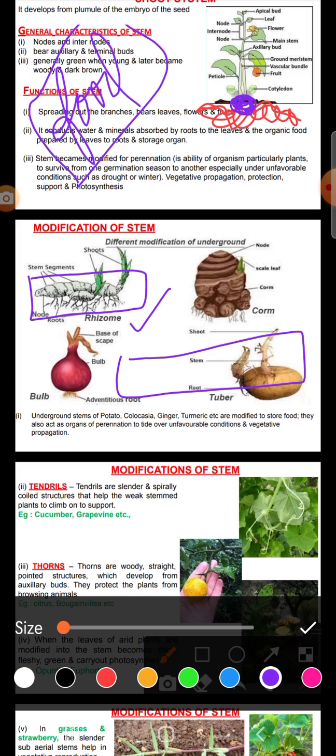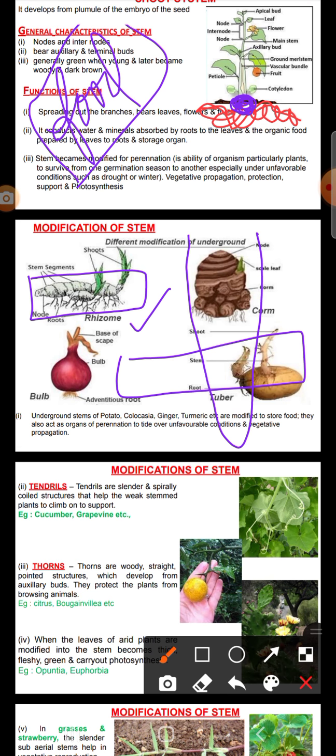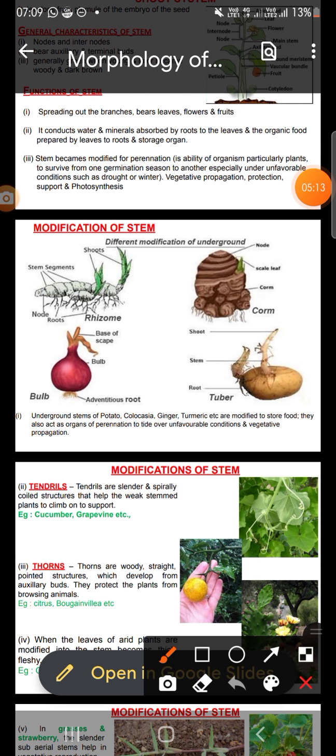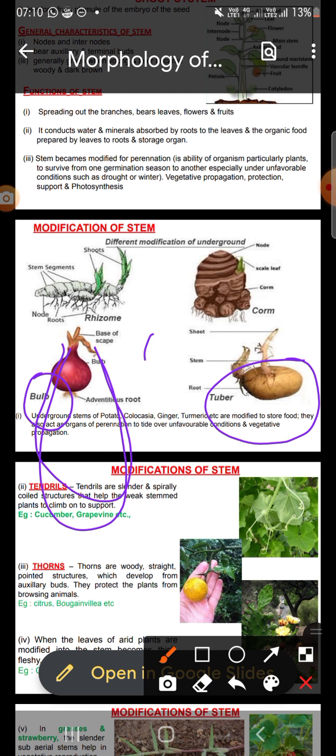When the stem is modified and grows in a vertical manner, we call it a corm. When the stem is modified into a vase-shaped or bulb-shaped structure, we call it a bulb. When the stem bulges into an oval-shaped structure, we call it a tuber.